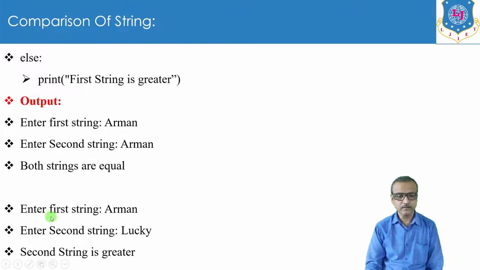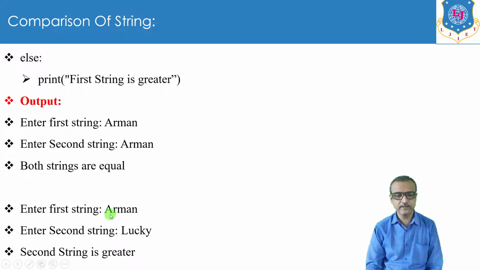Now enter first string. Say the user has entered the first string as Arman. Then after, enter second string. Now say the user has entered the second string as Lucky.